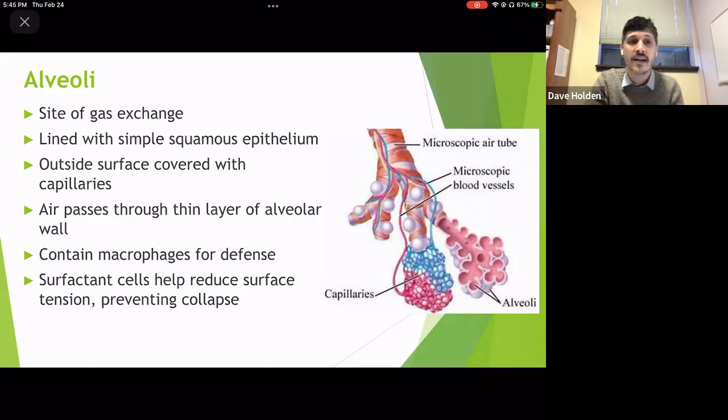Air passes through a thin layer of the alveolar wall. Those are the inner chambers with all the holes inside that we saw. Air passes through all of those. They also contain macrophages for defense, because remember, anytime outside comes inside the body, it is contaminated and it's got to be monitored by the immune system. That's what your tonsils are doing.